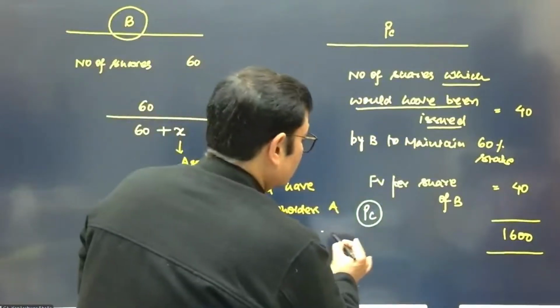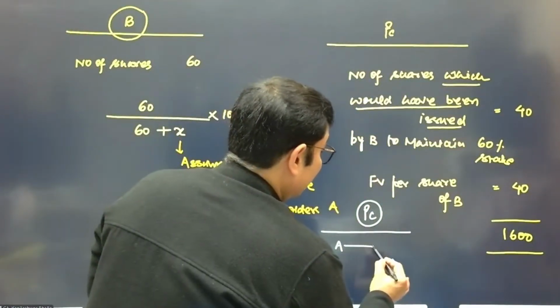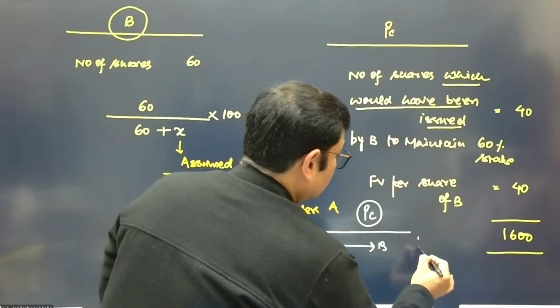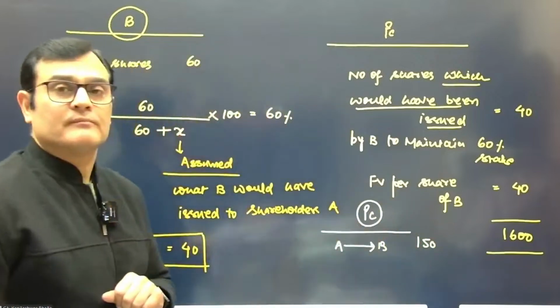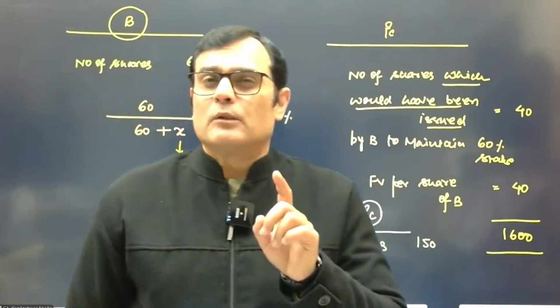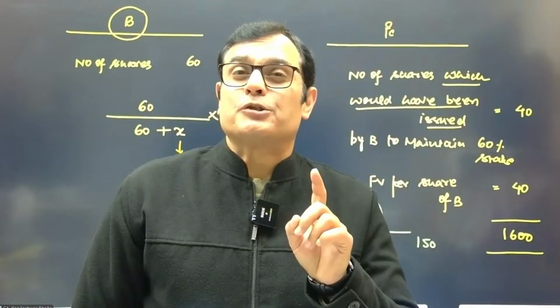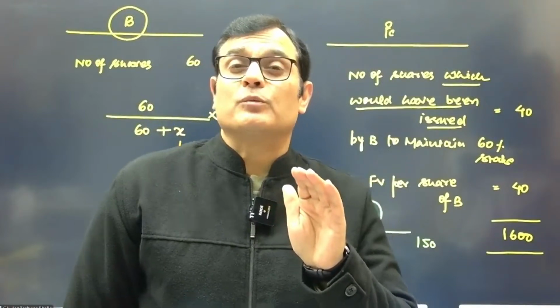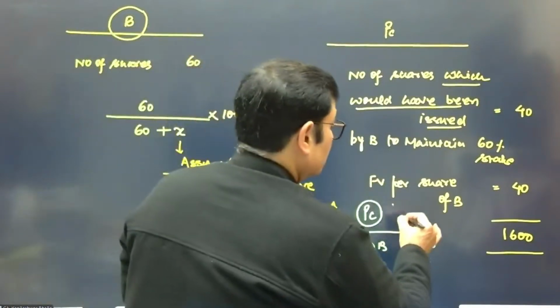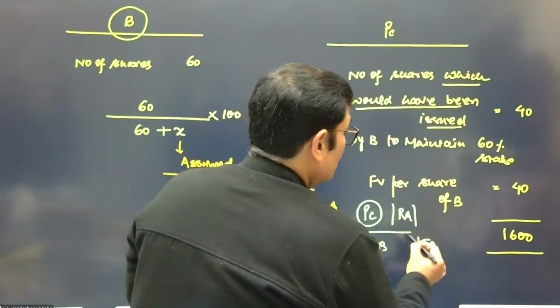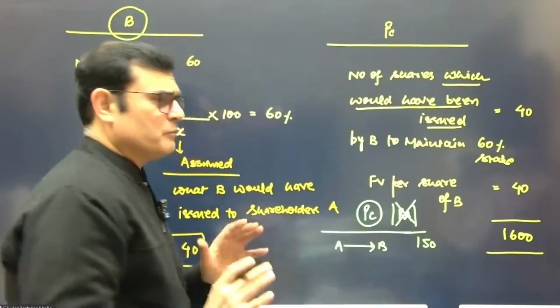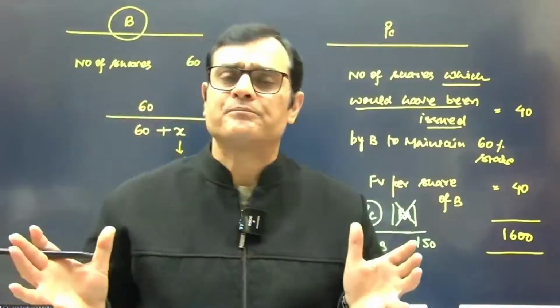Can I say I would have considered the shares A issued to the shareholders of B? That's 150. I'm just trying to calculate what the purchase consideration would have been if it was not a reverse acquisition. So this is the PC if it was not a case of reverse acquisition. We're just doing that for simplicity.